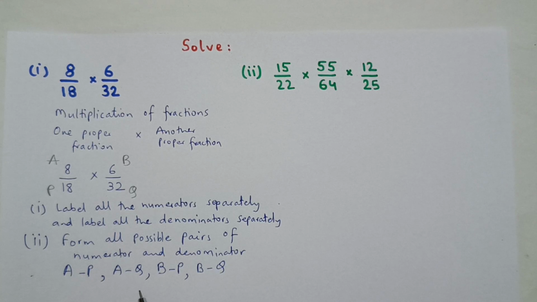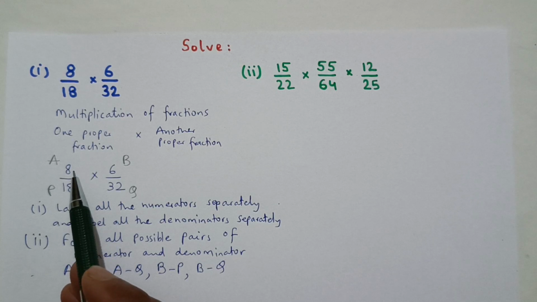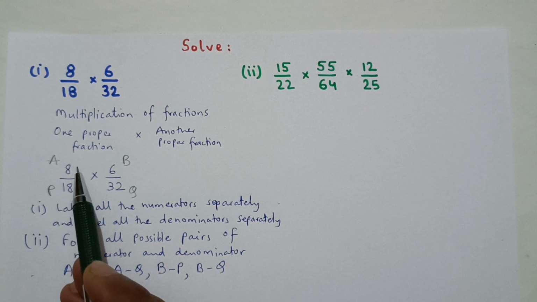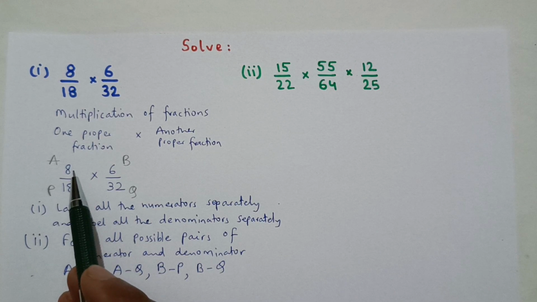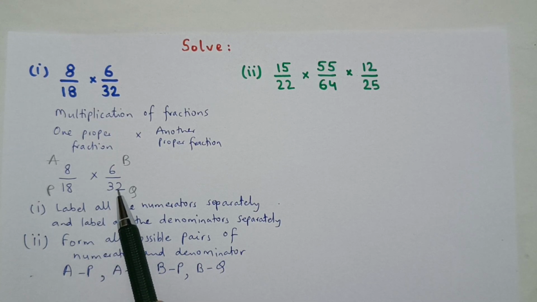And the easiest method to form all the possible pairs of numerator and denominator is to take one numerator at a time and form all the possible numerator denominator pairs with that numerator. So for 8, the possible pairs are 8 and 18 and 8 and 32.